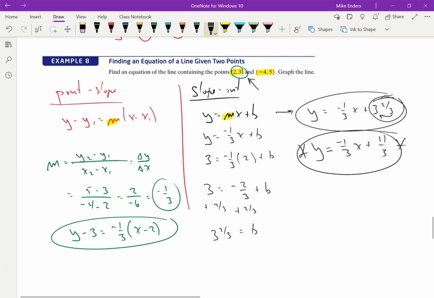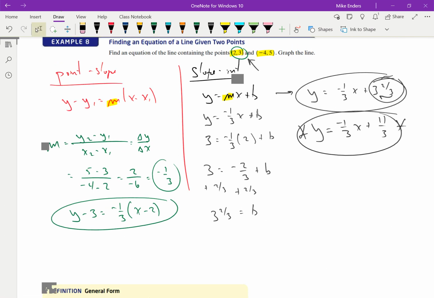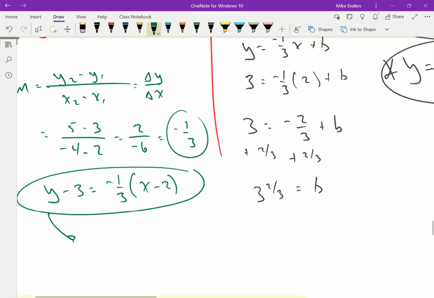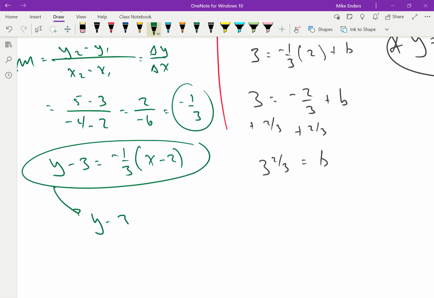Okay? So what we ended up with, we've got an equation over here in green, and an equation in black. How do they relate to each other? They're actually the same thing. How do I know? Let's take this point slope equation here, and solve it for y. So I got y minus 3 equals, let's distribute the negative 1/3 to both pieces inside the parentheses.